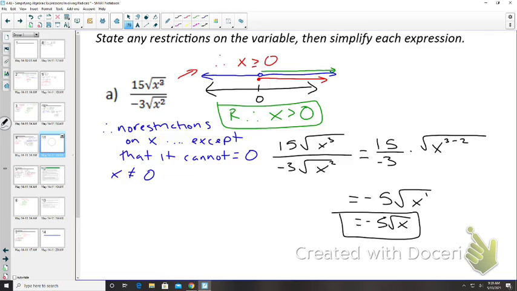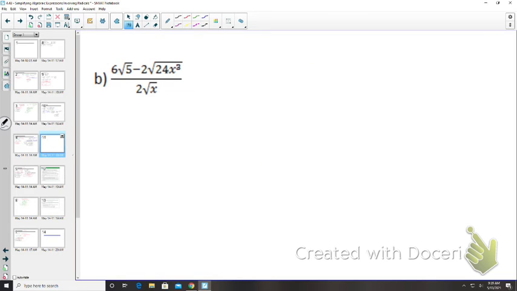All right, one more example for today. So another division one. And again, it is important that we check the restrictions for both the numerator and the denominator separately. So for the top, we have an odd exponent. Therefore, x must be greater than or equal to 0.